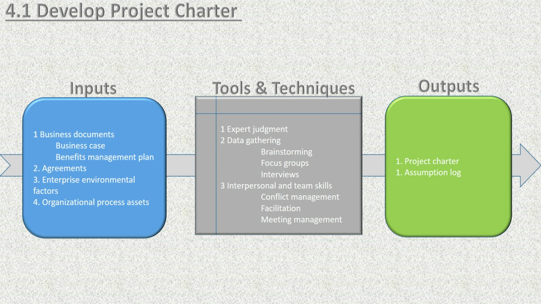These things are called organizational process assets, right? Just remember this while going further in different processes, in different knowledge areas. These two inputs, EEF, that is enterprise environmental factors, and OPA, organizational process assets, will be inputs for almost all the processes we have, okay?